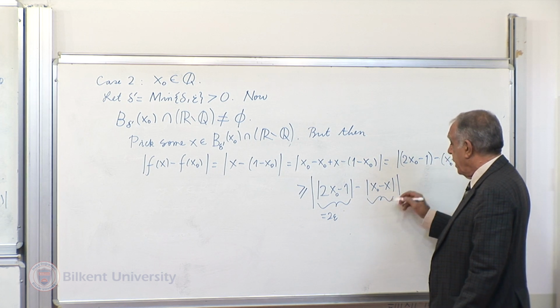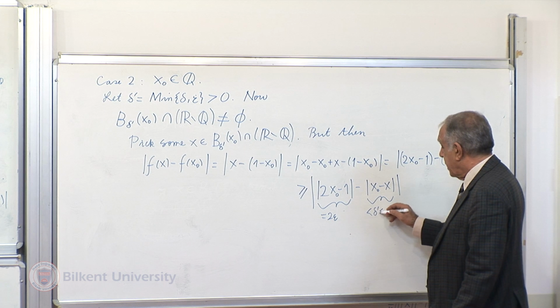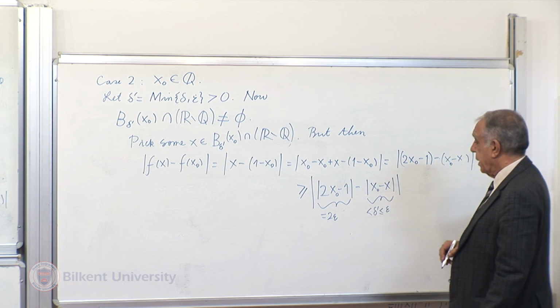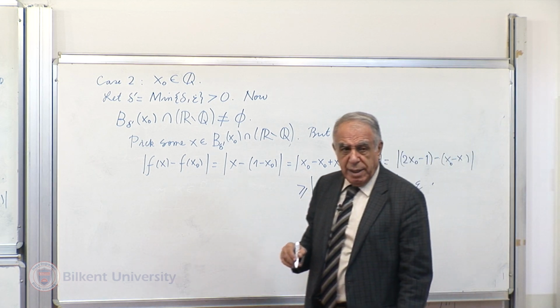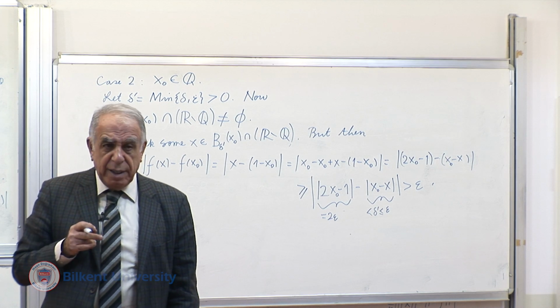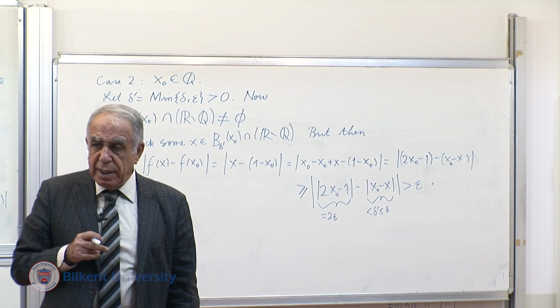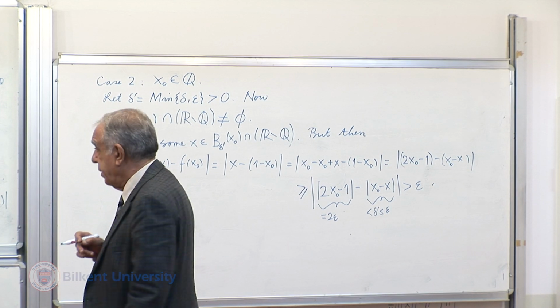What do we know about this? This is less than delta prime, but that's less than or equal to epsilon. So this is larger than epsilon again, completing the proof that f is not continuous at any point in R other than 1/2.